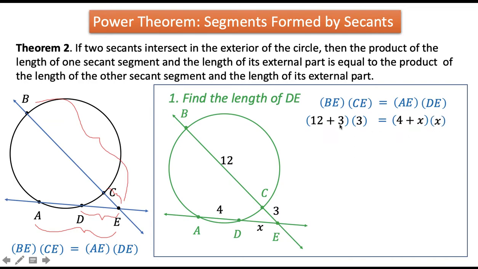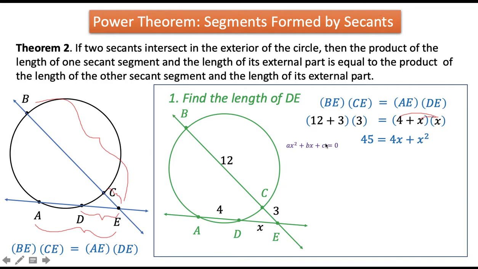From here, we simplify it. 12 plus 3 is equal to 15. 15 times 3 is 45. We will then distribute x to each term. 4 times x is 4x. x times x is positive x squared. Notice that our equation is a quadratic equation, so we write it in the standard form of a quadratic equation, ax squared plus bx plus c equals 0.